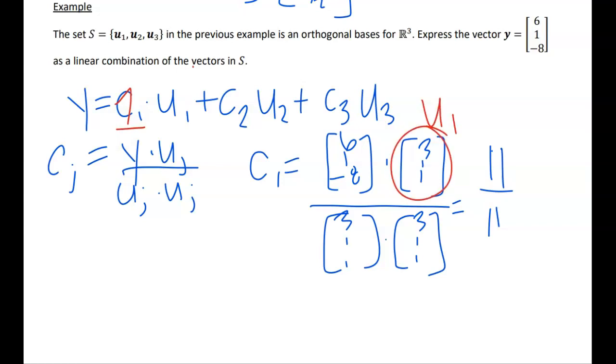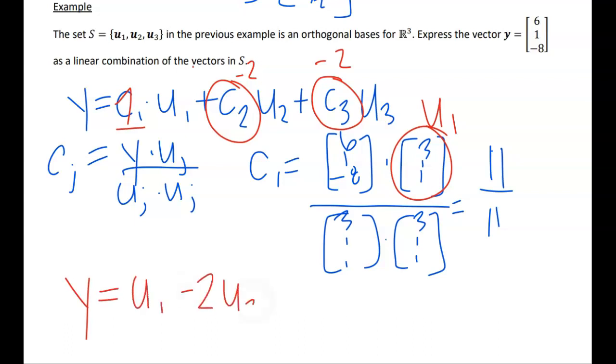And then I would do that for each and every vector here to figure out what the c2 and the c3 is. When you do this, you end up getting c2 is -2. And you end up getting that c3 is also -2. And so y must be u1 minus 2u2 minus 2u3.